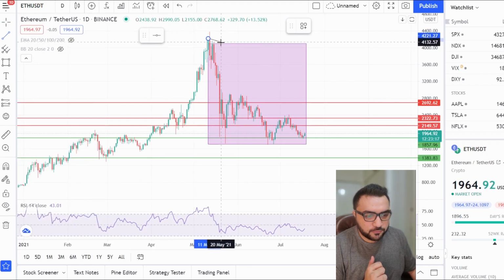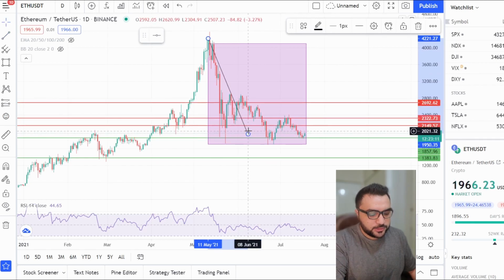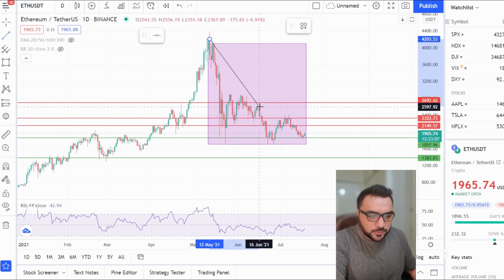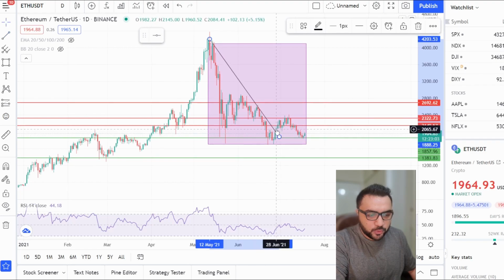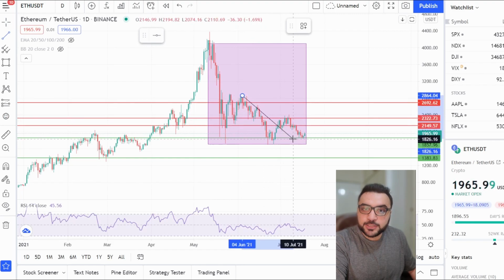So first of all, we saw this trend line coming up here, and then it got invalidated here. So let's remove that. Then there was this trend line that got up here, and then this was broken by this price action here. So that gets invalidated. Then we have this trend line from here, which is the same as the previous one.